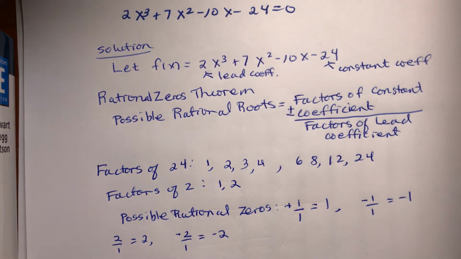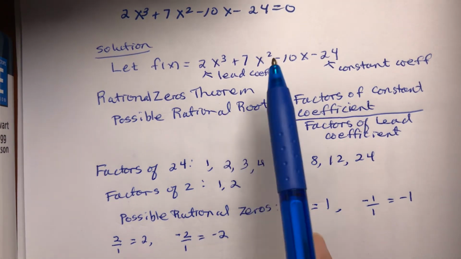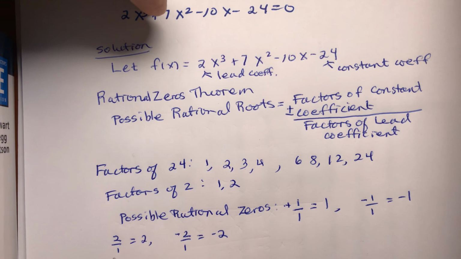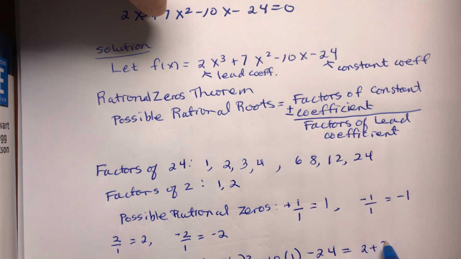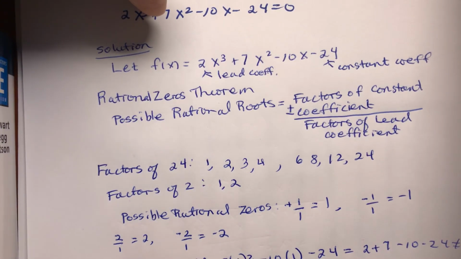Now, the thing is, I don't really want to try 24, but look, if I try f of 1, I get 2 times 1 cubed plus 7 times 1 squared, minus 10 times 1, minus 24, and that turns out to be not 0. Whatever that is, that's not 0. f of -1 is also not 0.